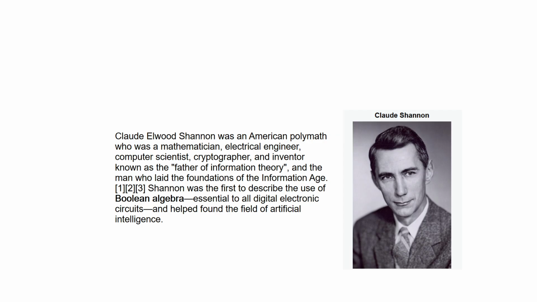We're told that Shannon was the first to describe the use of Boolean algebra, essential to all digital electronic circuits, and helped unfold the field of artificial intelligence. So I remember we had this guy.